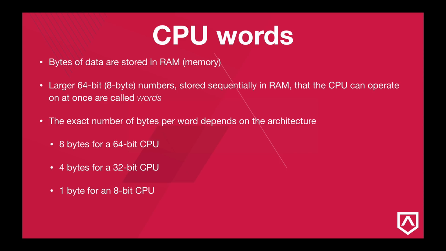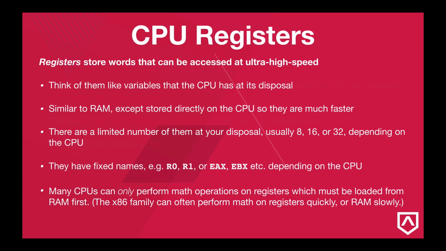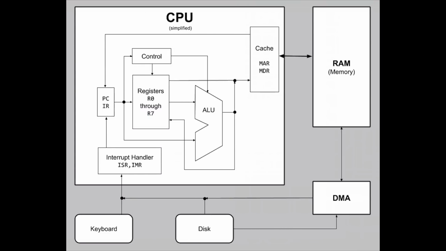Also related to CPU words are the CPU registers. So these can hold words that can be accessed at ultra high speed. They're like little variables. Let's have a look at the CPU diagram again. If you remember from our first glance at it, we saw registers here on the diagram.